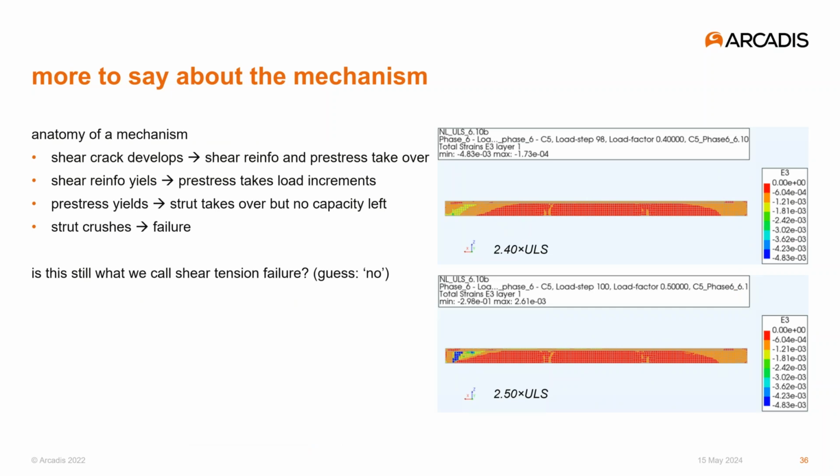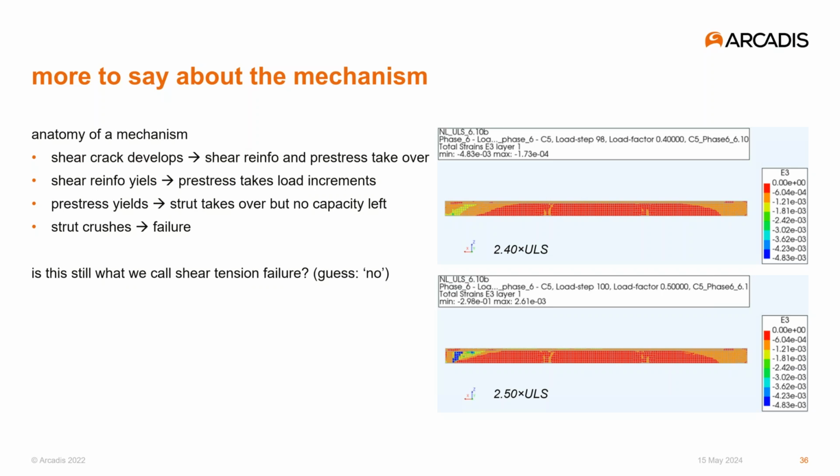The pictures on this slide show the principal compressive strains in the governing girder. When the shear crack develops, the vertical loads on the girder are picked up by the vertical reinforcement and the inclined pre-stress elements. When the vertical reinforcement yields, all remaining load increments are taken by pre-stress only. And when the pre-stress starts to yield, there's no structural element left to pick up the load.